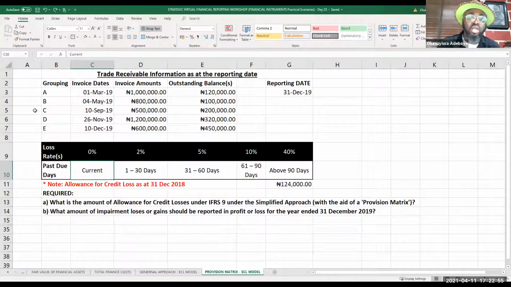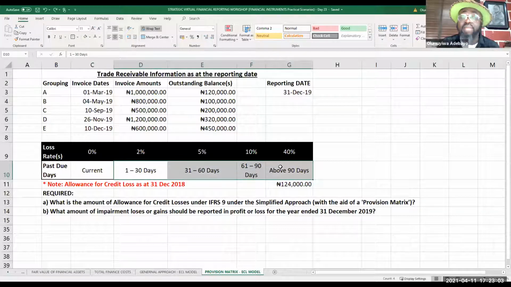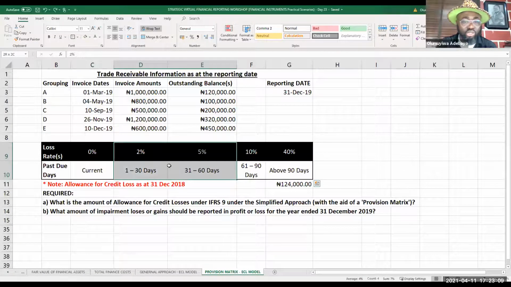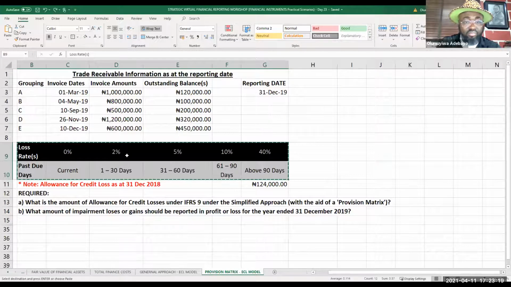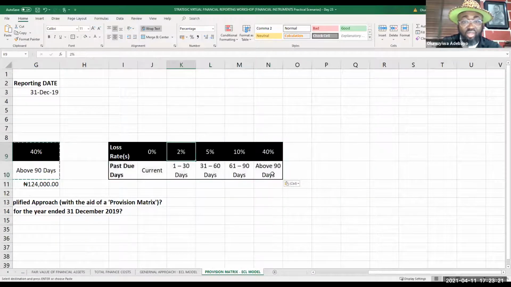Now, how can we group this into past due? Remember, this grouping may be different from your own grouping as an organization. Some organizations can group it as follows, beyond what we have done.